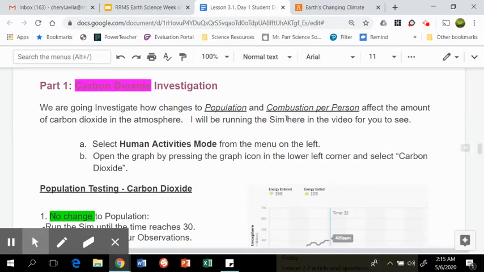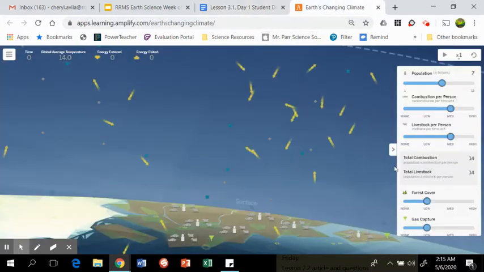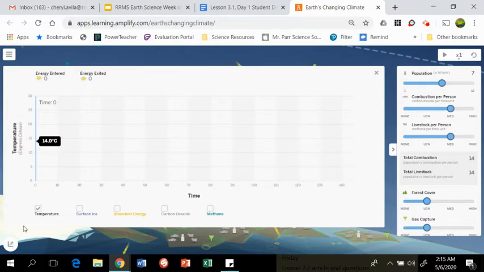So I'm already in human activities mode. I'm going to open the graph by pressing the graph icon on the lower left corner and select carbon dioxide. And I want to show carbon dioxide.